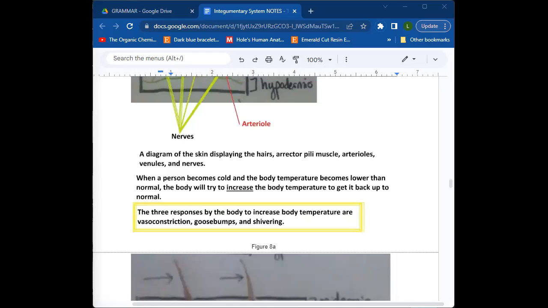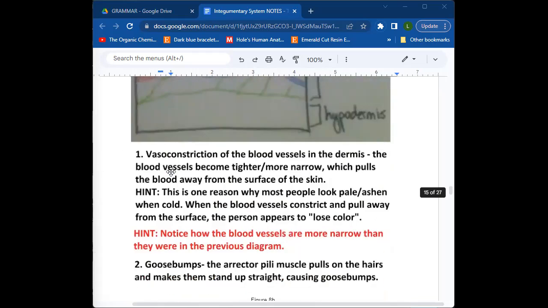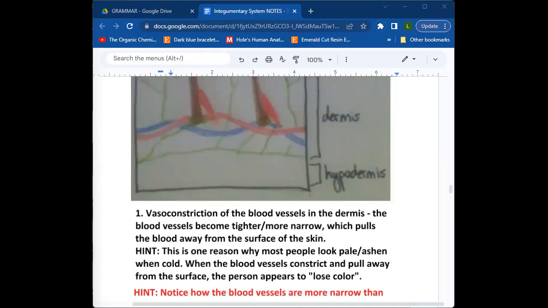Okay, now when a person becomes cold, we're going to have basically the opposite response. Instead of vasodilation, there will be vasoconstriction. So the vasoconstriction is where the blood vessels in the dermis are going to become very tight and small and narrow.